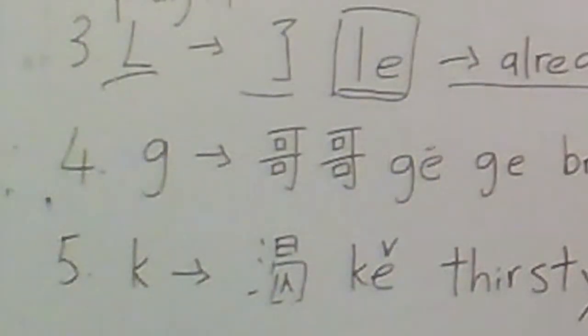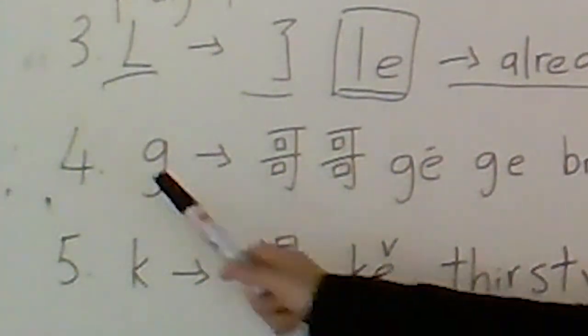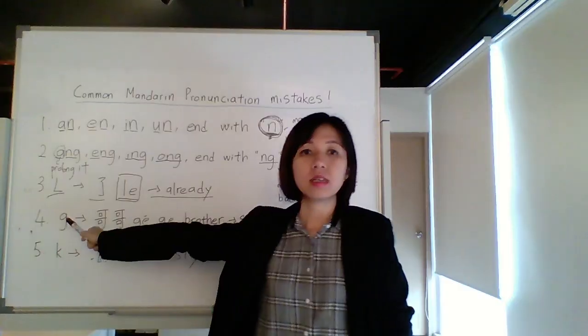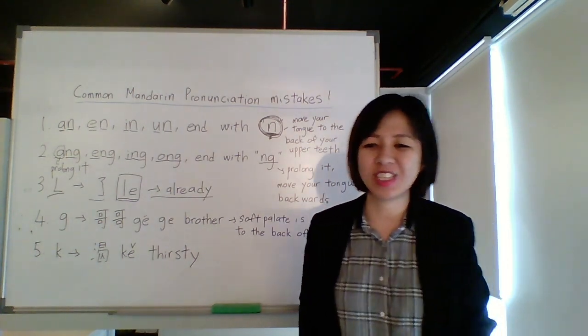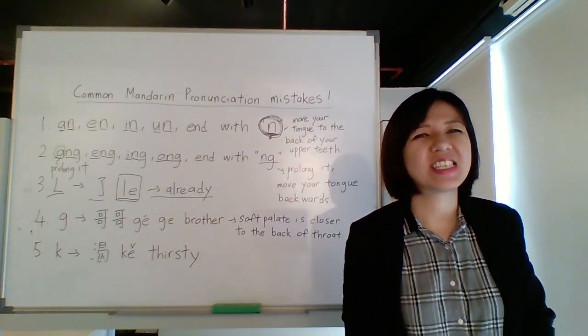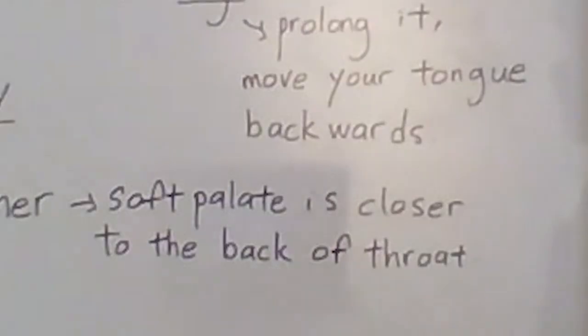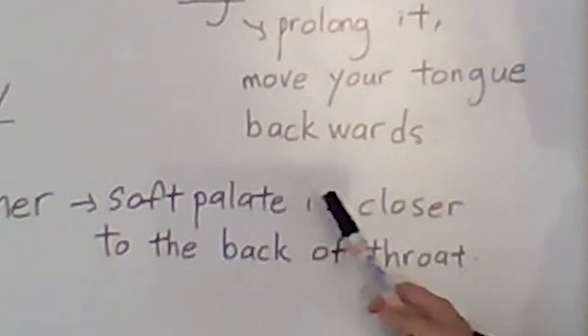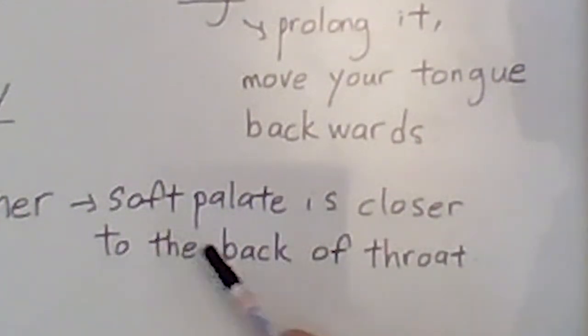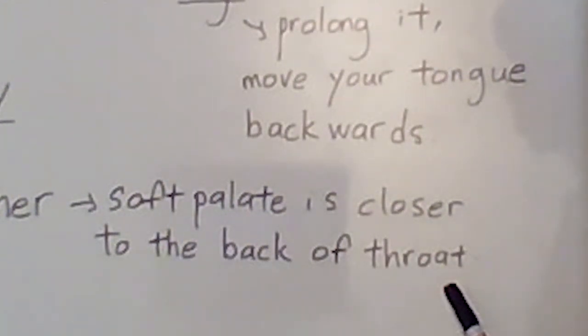Okay, good. The fourth one is this one. 哥. Ayo, you say teacher, one more thing very difficult. Imagine your soft palate is closer to the back of your throat.